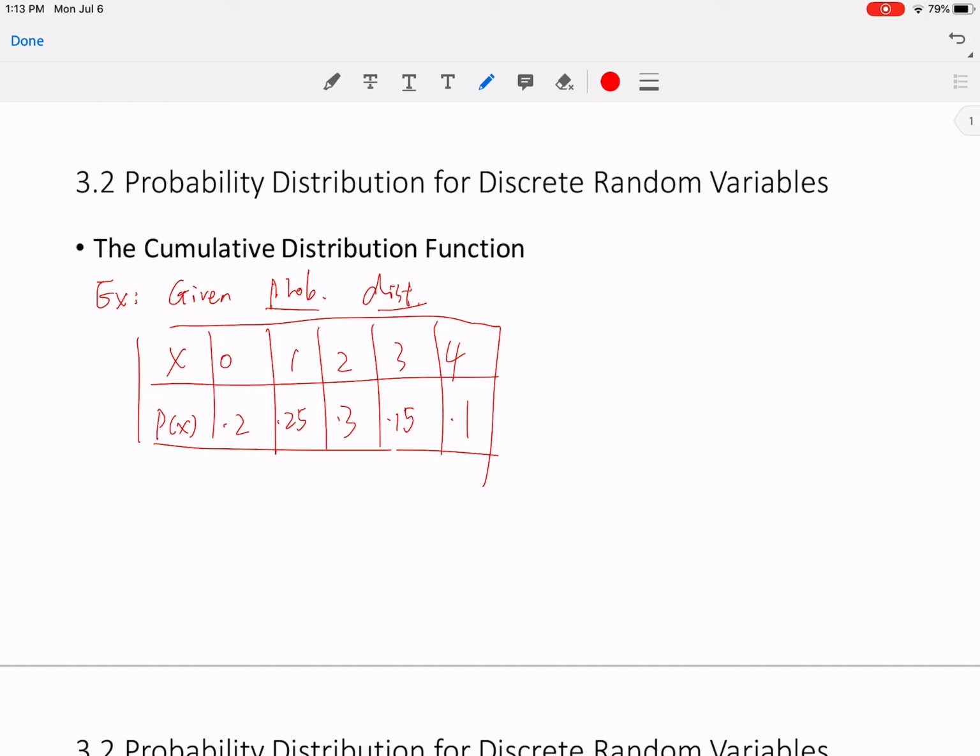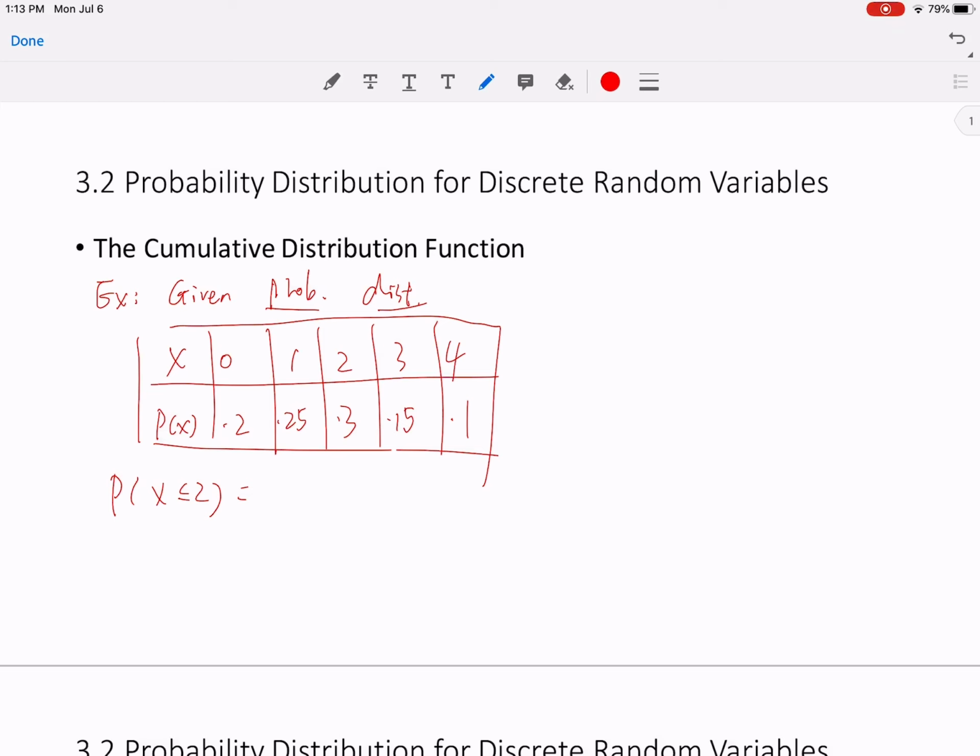What I want to figure out is the probability of x less than or equal to 2. Based on the probability distribution, we just need to see which values are less than or equal to 2.